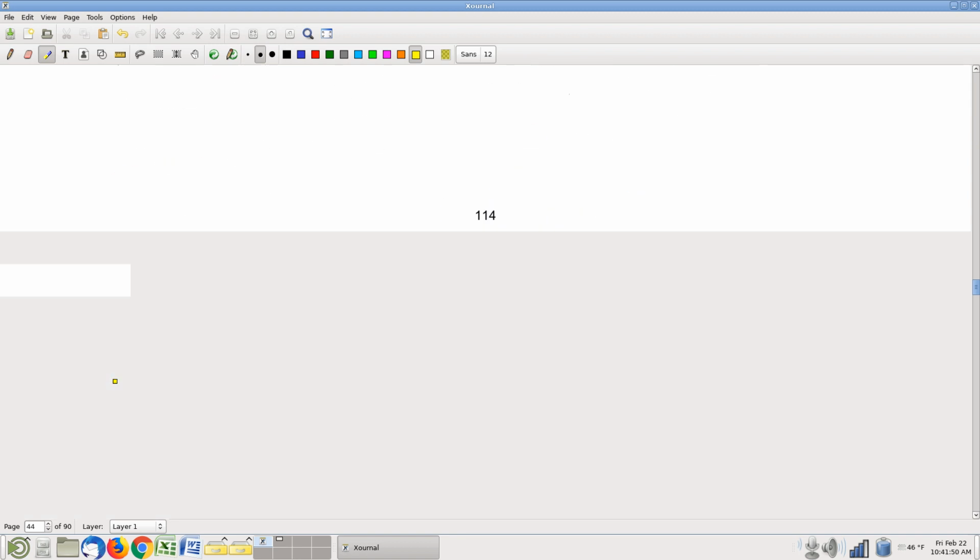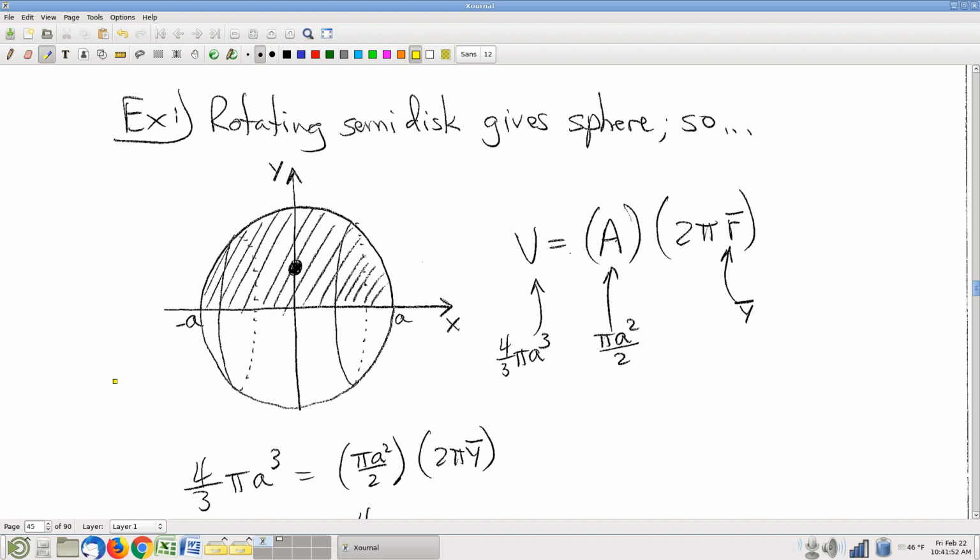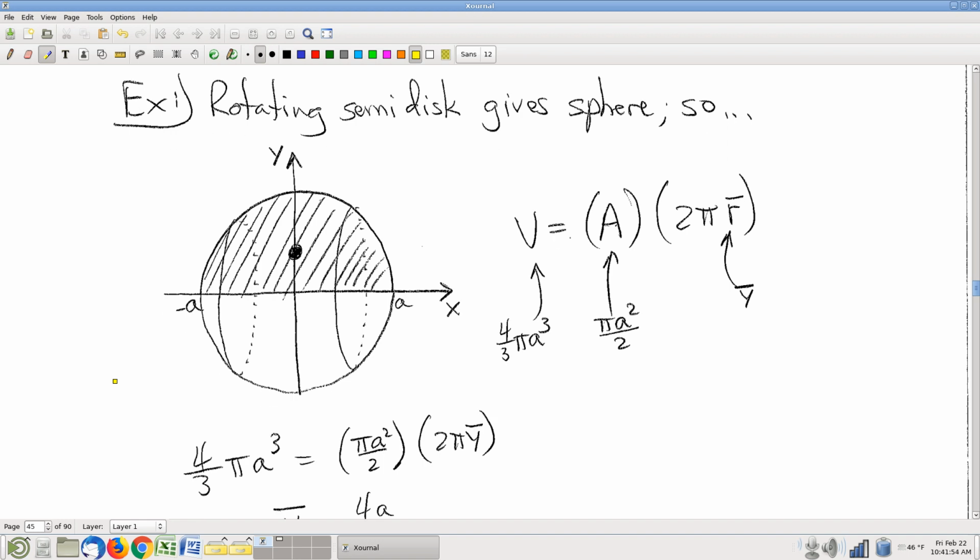Here's the observation in reverse. What if I take this semi-disk and rotate around the x-axis? Well, now I already know the volume. When you take a semi-disk and rotate it around, you get a sphere, 4/3 pi radius cubed, right? So the volume here is something that I know. But the location of the centroid, not so clear.